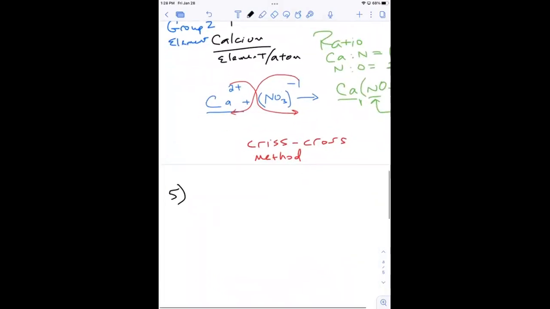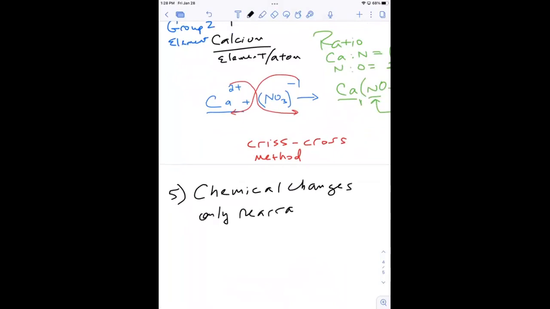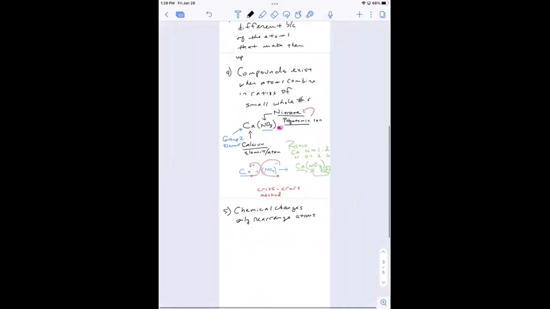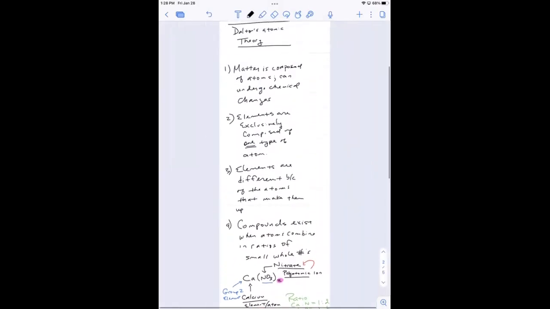So anytime you have a chemical change, right, the atoms get rearranged. You can't destroy an atom. You can't create an atom out of thin air. You can only rearrange them and how they interact with one another. So those 5 points make up Dalton's atomic theory. Matter is composed of atoms.